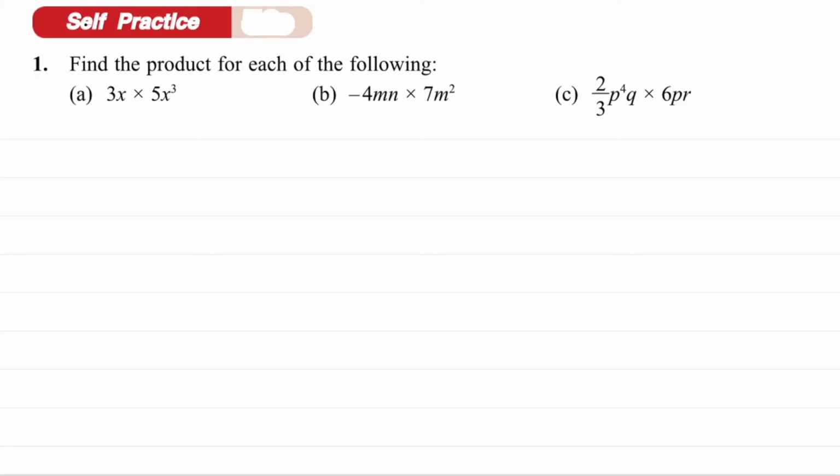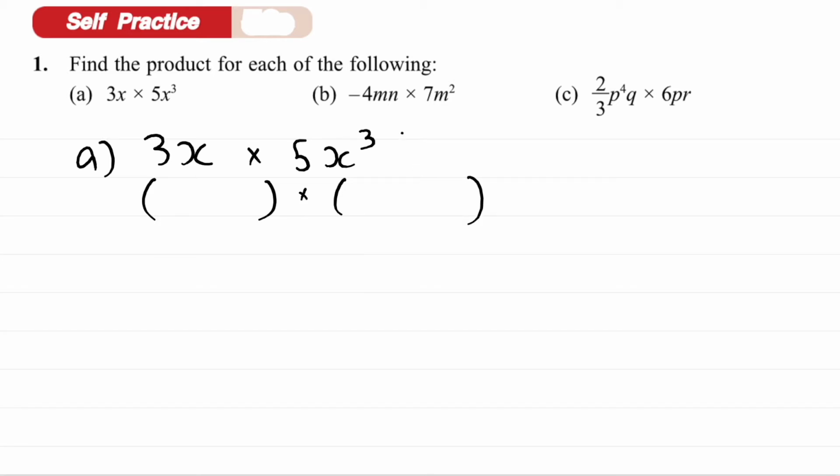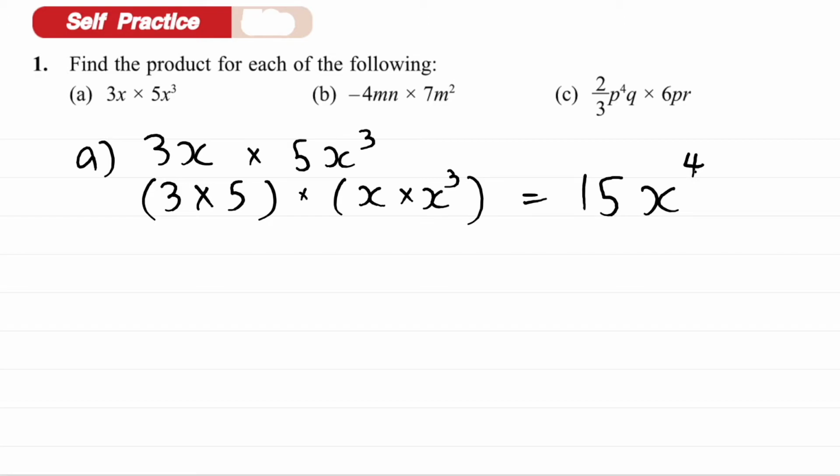Tengok contoh. Okay. Kamu ada 3x darab 5x kuasa 3. Maksudnya dekat sini kamu kumpulkan nombor dengan nombor and then kamu kumpulkan variable dengan variable. So maksudnya dekat sini 3 darab 5 and also x darab x kuasa 3. Okay, so you akan dapat jawapan kat sini 15 x kuasa 4 lah.